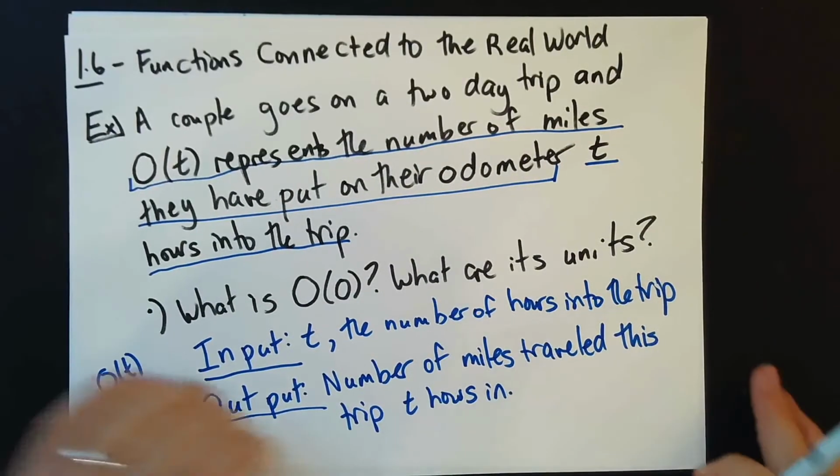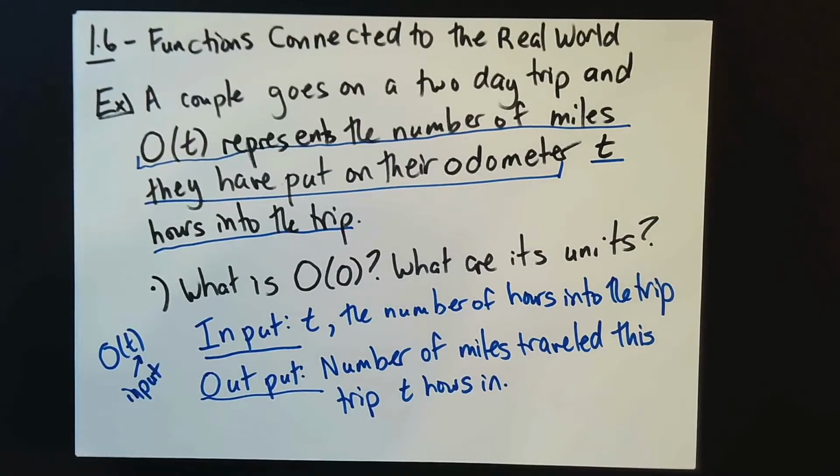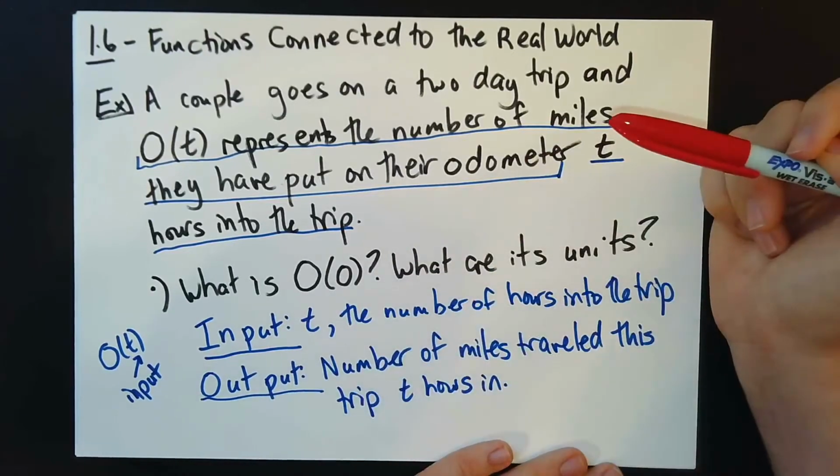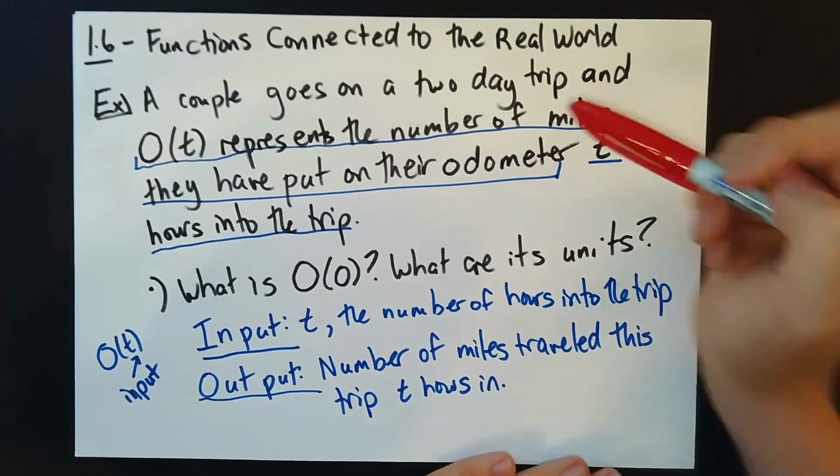Now, in particular, I want to point out that whenever you're dealing with functions that are connected to the real world, where you have to interpret things in that light, it really helps to pay close attention to units. And in this short description of what the input is and what the output is, I've already told you what the units are.